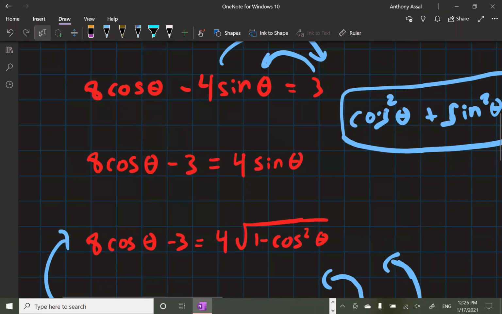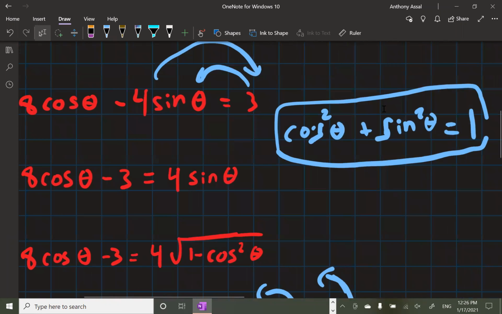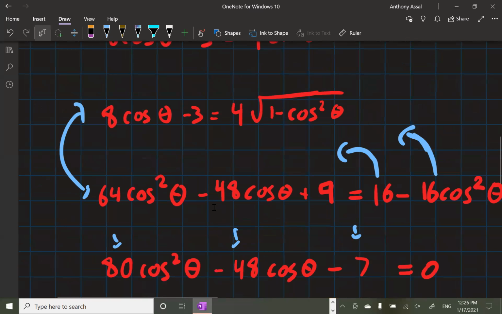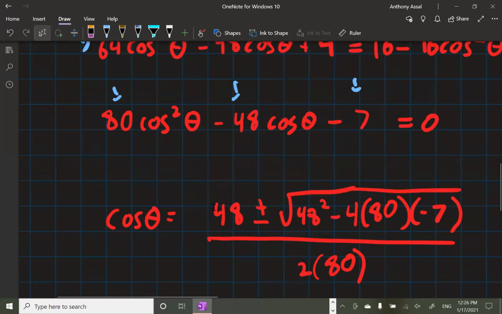And again, deriving this trig identity, cosine squared plus sine squared equals 1, setting up the quadratic formula. The quadratic formula especially is a very wonderful derivation. I really enjoyed actually deriving it.